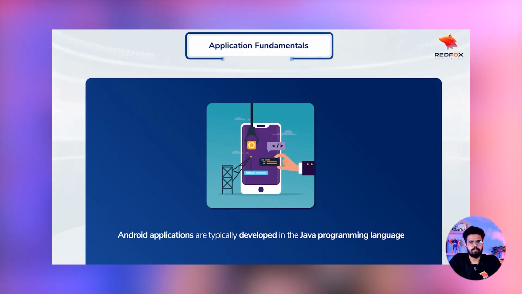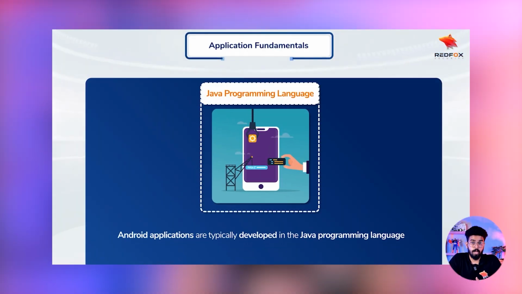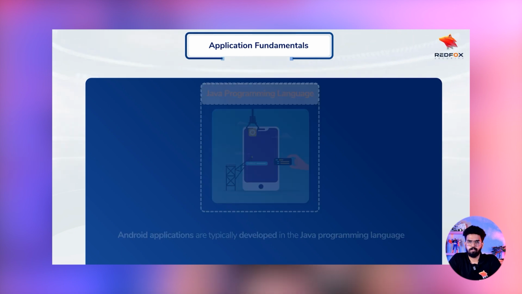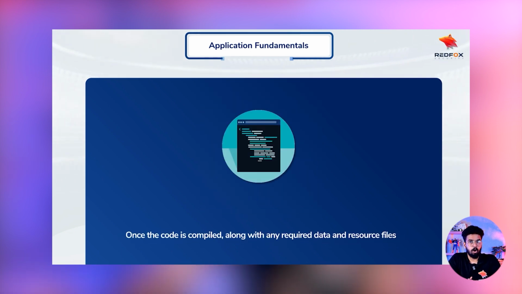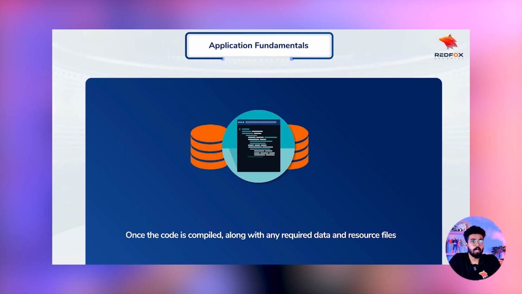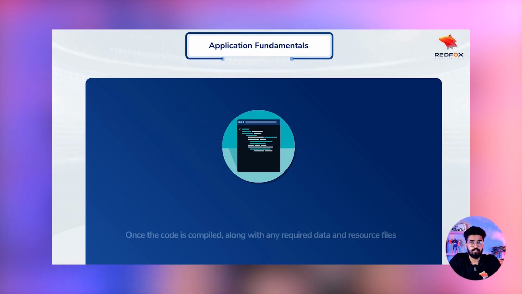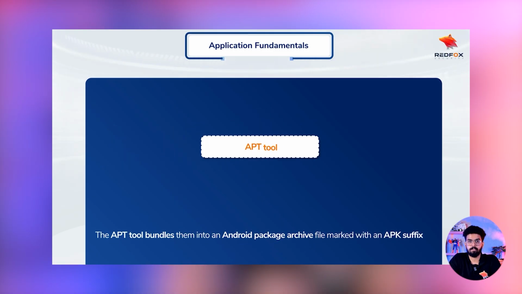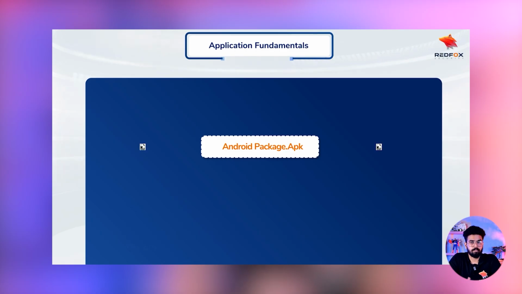Android applications are typically developed in the Java programming language. Once the code is compiled along with any required data and resource files, the APT tool bundles them into an Android package, an archive file marked with an APK suffix.